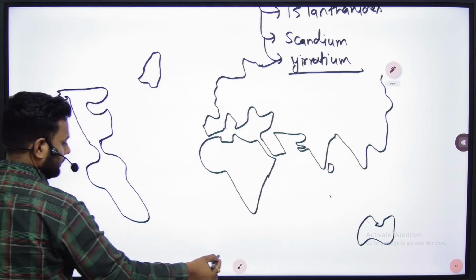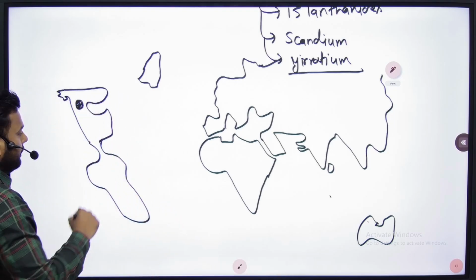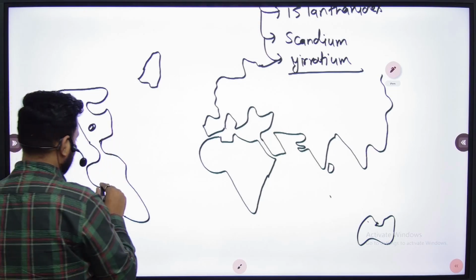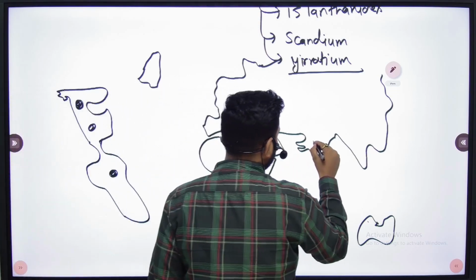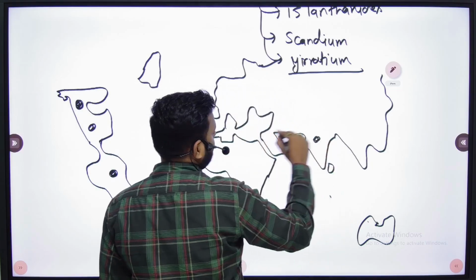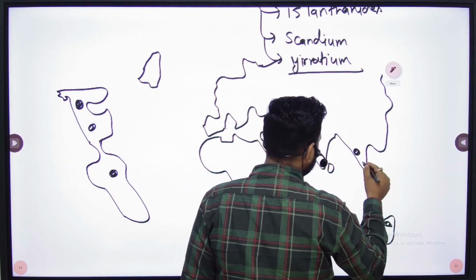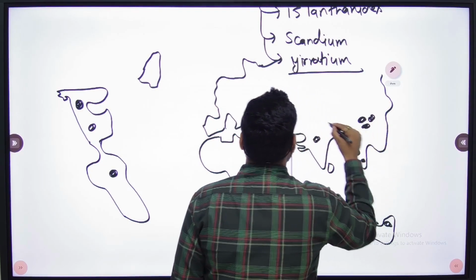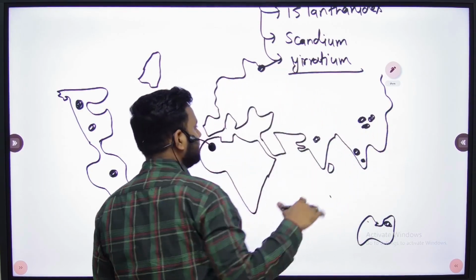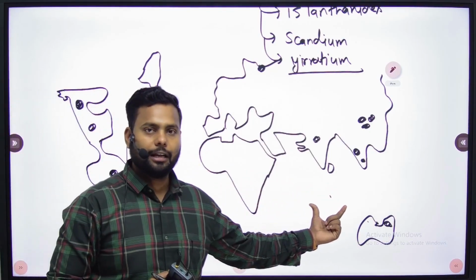Here there is a concentration of rare earth mineral in Canada, as well as in the US, some part of Brazil, as well as in India, Australia, Malaysia, Indonesia, in China there is a high concentration, in Sweden. So this is called uneven distribution of rare earth mineral.